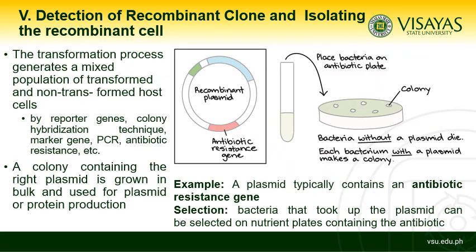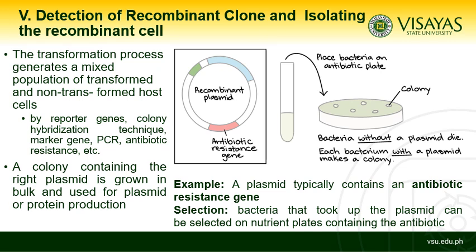Last step is the detection of the recombinant clone and isolating the recombinant cell. Of course, we want to know if there are already transformed host cells wherein the recombinant DNA or the plasmid together with the gene of interest is already inserted into the host. The host cell is allowed to grow in a culture media.